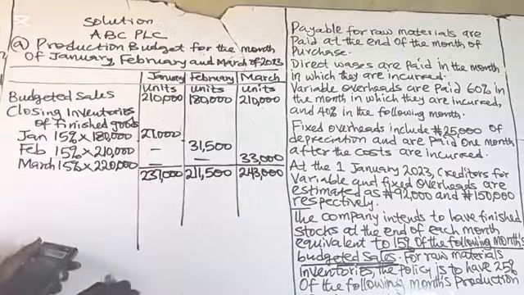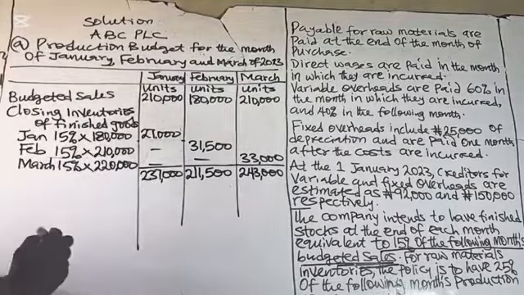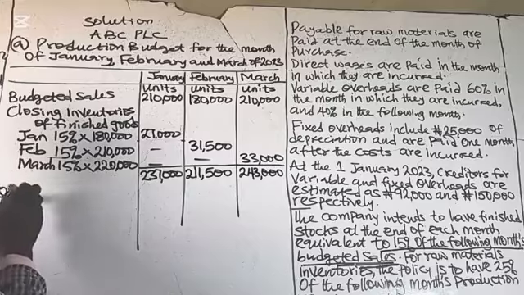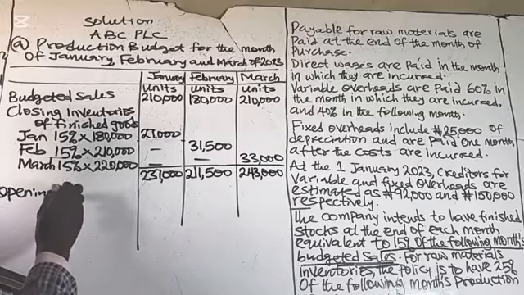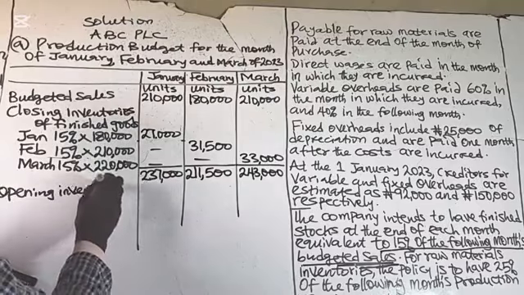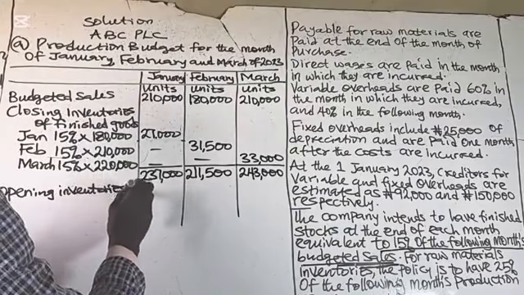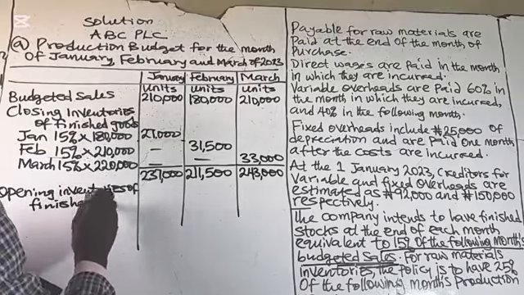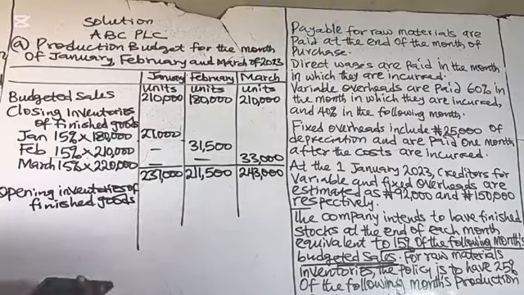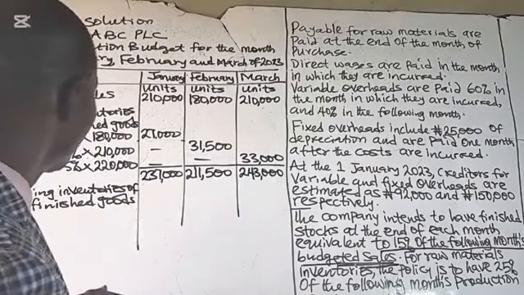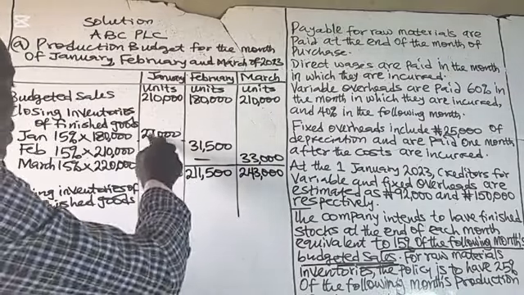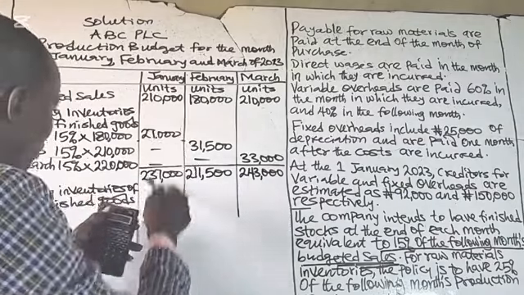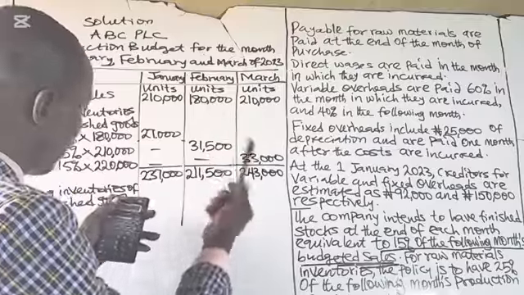Then after the closing inventory, you less opening inventory of finished goods. To calculate the opening inventory, whatever you have as the closing inventory for this month will be the opening inventory of the following month.